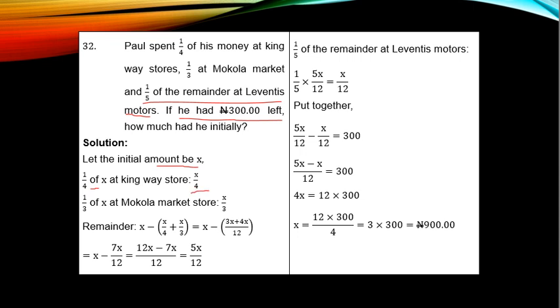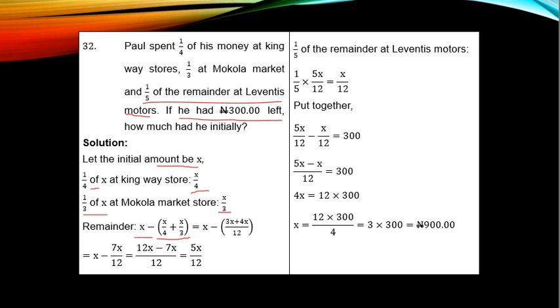Then at Mukola market he spent 1/3 of S. That means 1/3 times S, and that is S/3. So the remainder now, like I said earlier, is the sum of the amount he spent in the first two places taken from the amount he had initially, that is S.